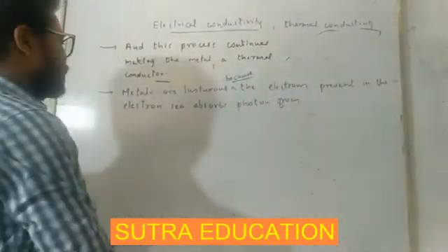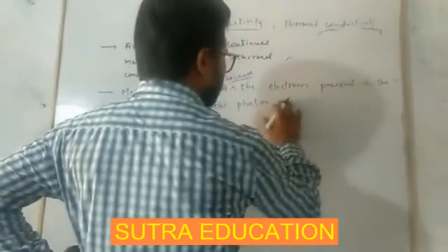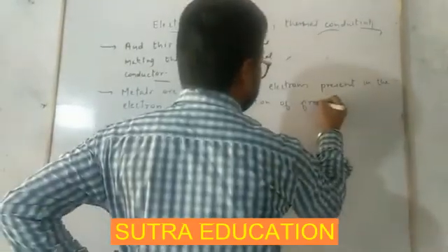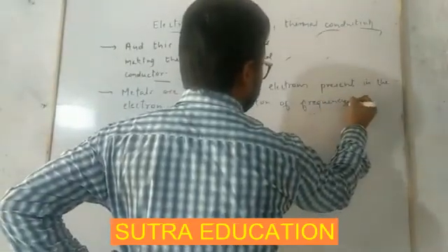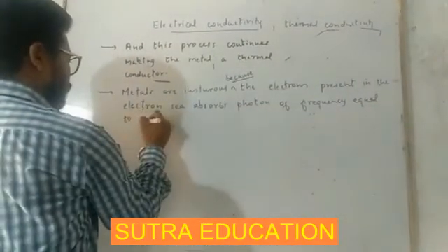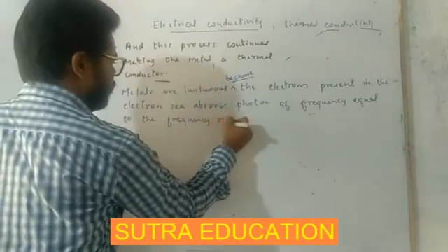Metals are lustrous because the electrons present in the electron sea absorb photons of frequency equal to the frequency of incident light.